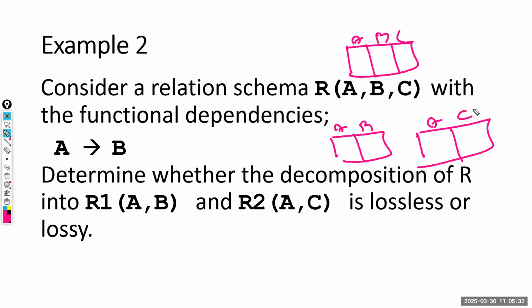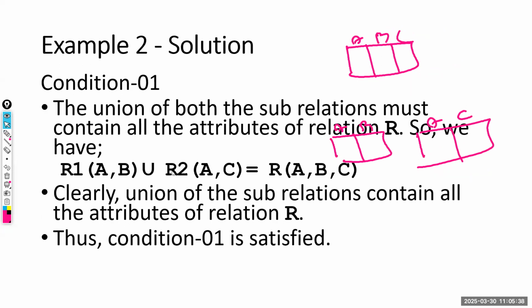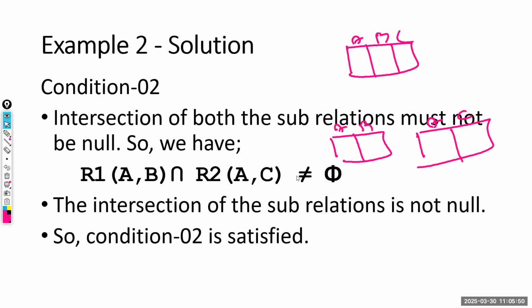Lossless or lossy? Obviously the first condition is satisfied: (A, B) union (A, C) is (A, B, C), yes. What about condition 2? Condition 2 is also satisfied. The intersection is A, it's not empty.